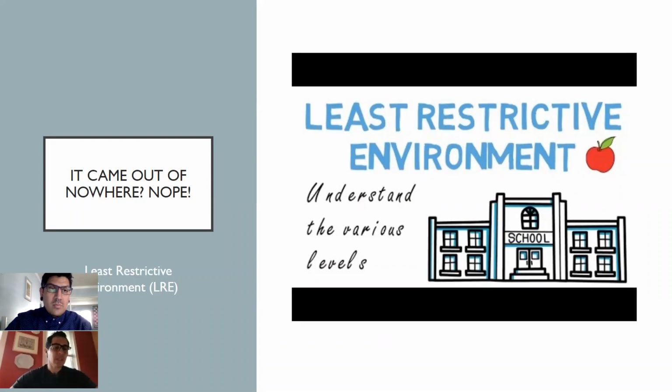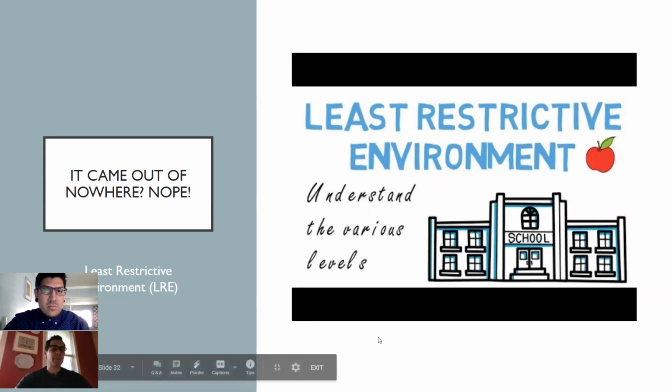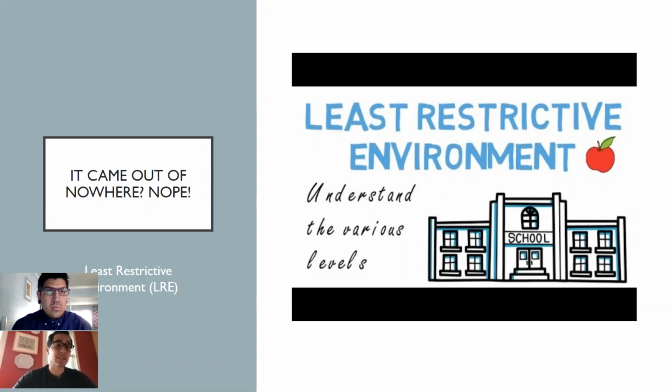Now, where did this idea of inclusion come from? If you remember from our video that talked about the Individuals with Disabilities Education Act, or IDEA, this word came up: least restricted environment, or LRE.